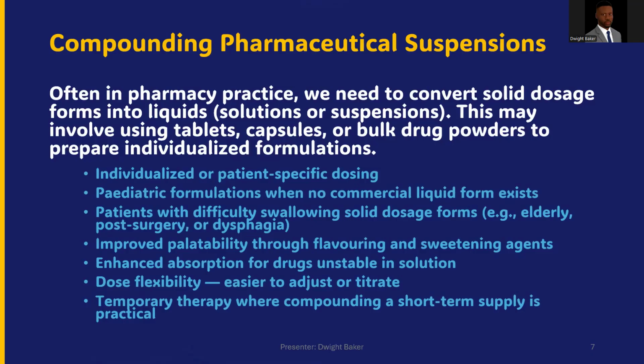So when you look at this, we look at individualizing the dosing as well as the formulation so that we can provide the medication in a form that the patient can safely use. It could be that they have difficulty swallowing, or you may have someone who is undergoing radiation, for example.